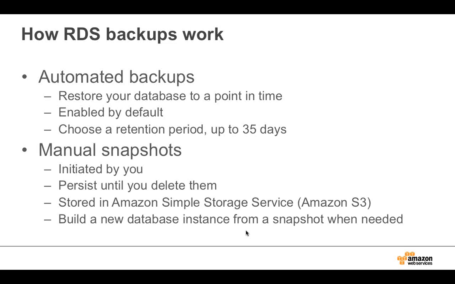The other way to make sure that your data is highly available and highly durable is to keep and maintain manual snapshots. Unlike automated backups, these occur when you request them, and they stick around until you explicitly delete them. They are stored in Amazon Simple Storage Service, also known as Amazon S3, which is an incredibly durable place to store data.